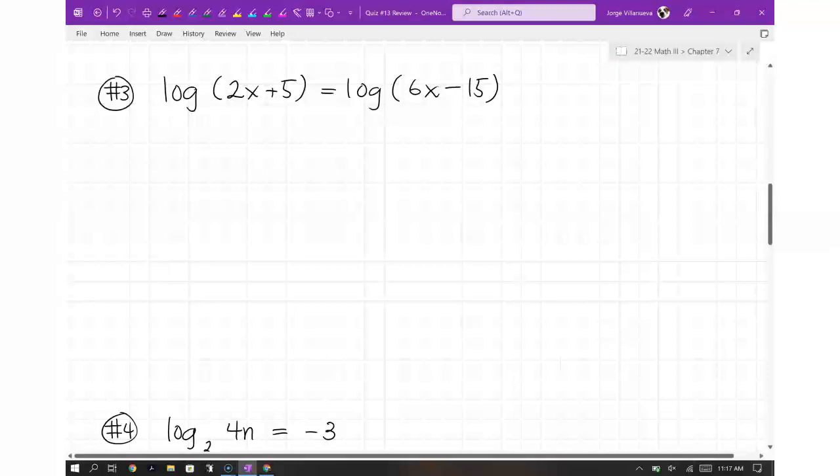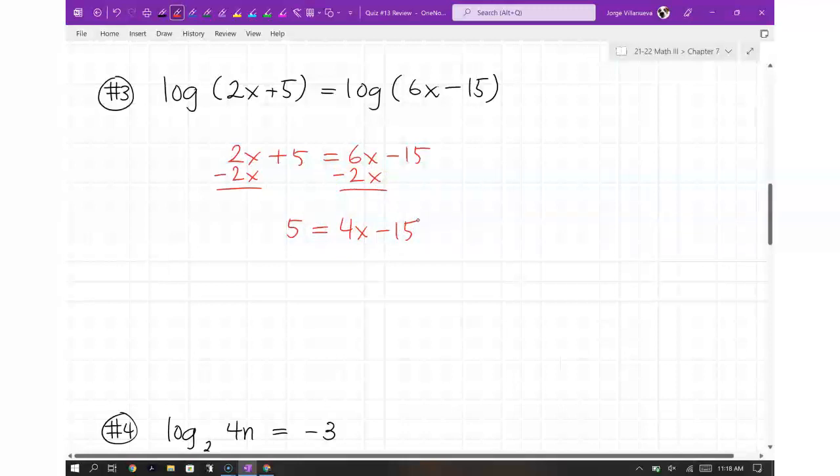Since the logs match, all I have to do is set the insides equal to each other. Okay, and then just start combining stuff. So let's move the 2x over to the right side. All right, so we have 5 equal to 4x minus 15.